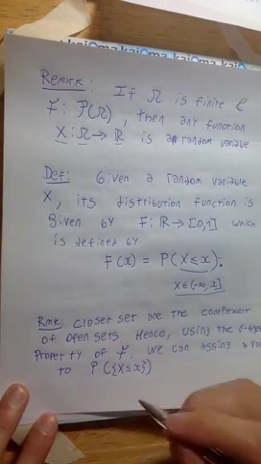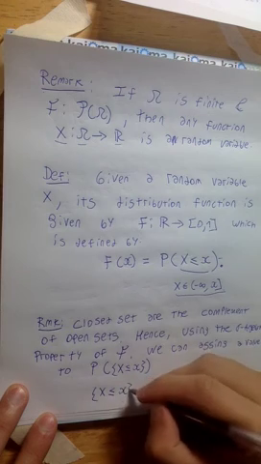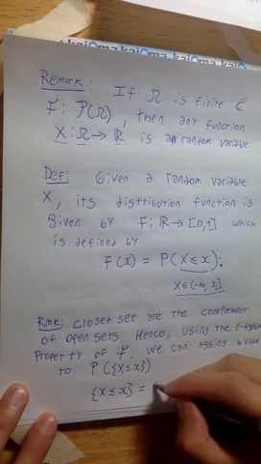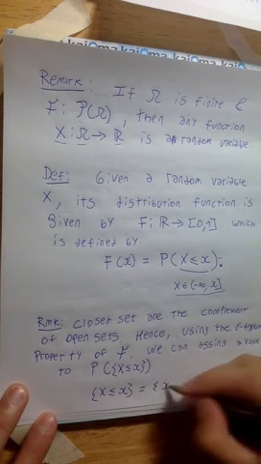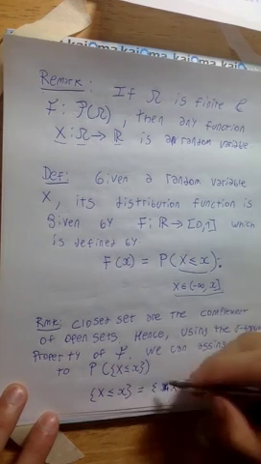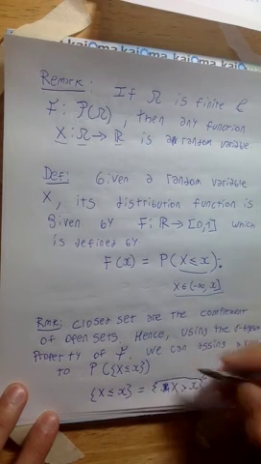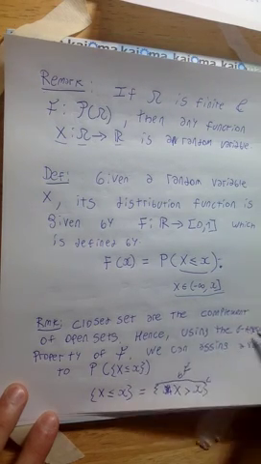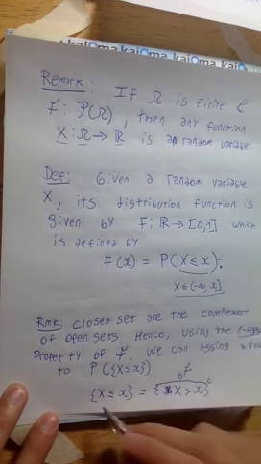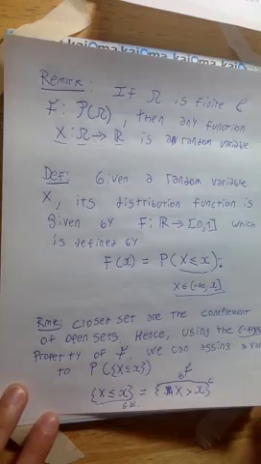Okay, so morally what I'm saying is that {X less than or equal to x} is equal to the complement of {X bigger than x}. Okay, and this is the complement. So this set without the complement is in F. By using the sigma algebra property, the complement is also in F. So this guy is in F.